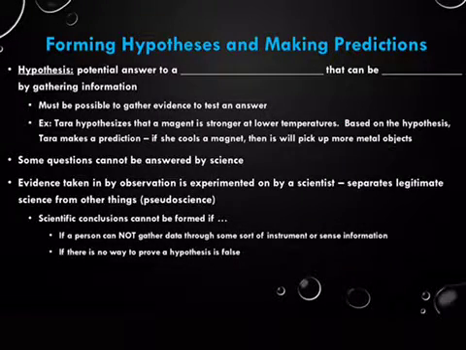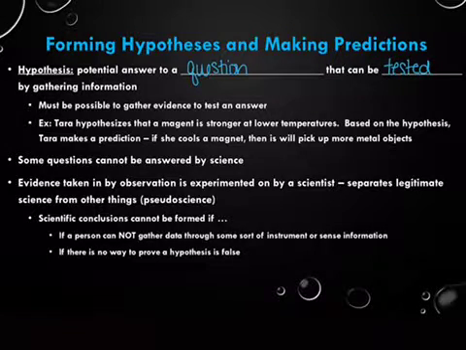So then the next step is to form a hypothesis, and this is a potential answer to a question that can be tested by gathering information. So when you write a hypothesis, it has to be possible to gather the evidence.